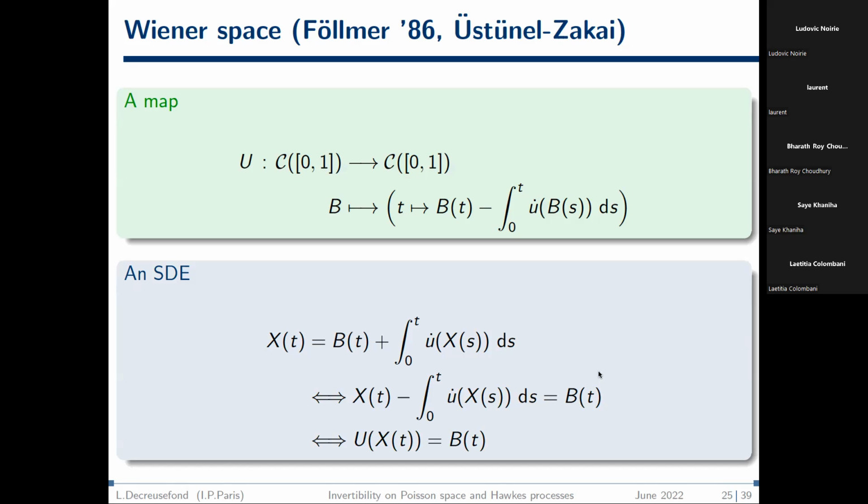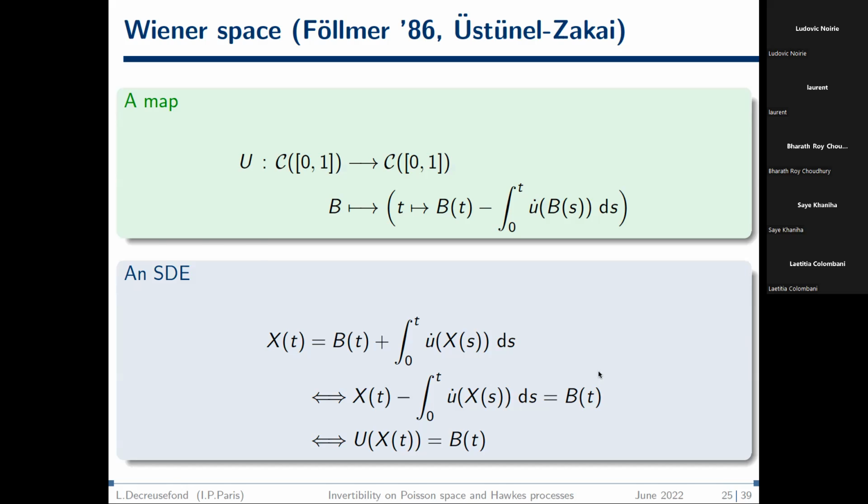So as we want to inverse something, maybe it's the analog of solving an SDE. But when you solve an SDE, you know that you have many notions of solution. You have weak solution, strong solution, Martingale solution, and so on and so forth.